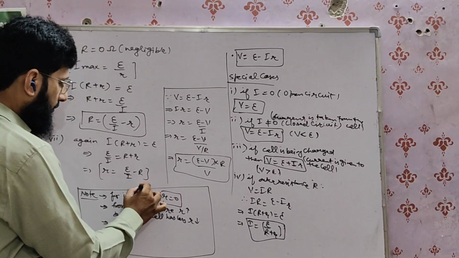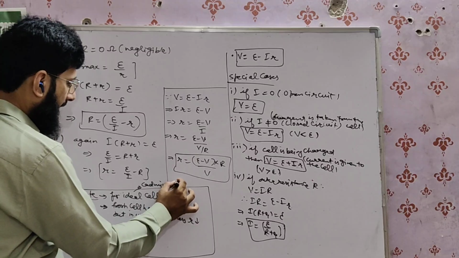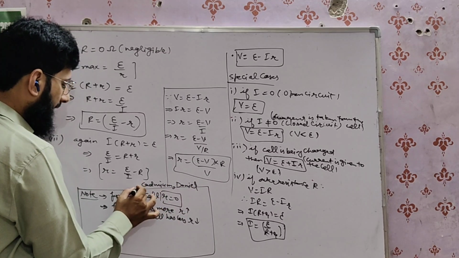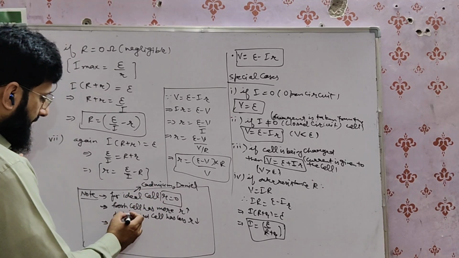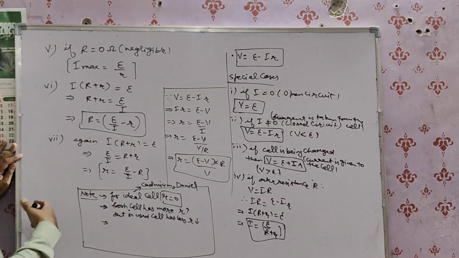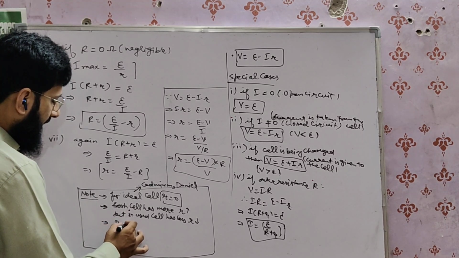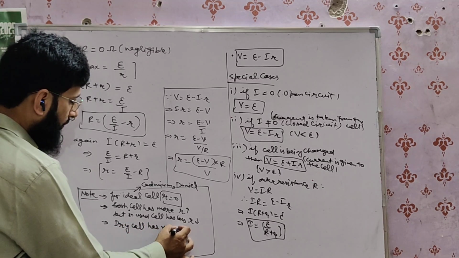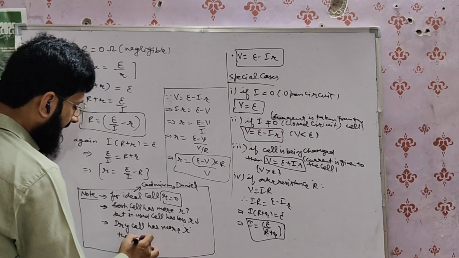I have told you that ideal cells are the cadmium cell and Daniell cell, and why are they ideal? Because their EMF is longer but not infinite. So we have done that a fresh cell has more internal resistance than a used one, and in NCERT it is given that a dry cell has more internal resistance than other cells.